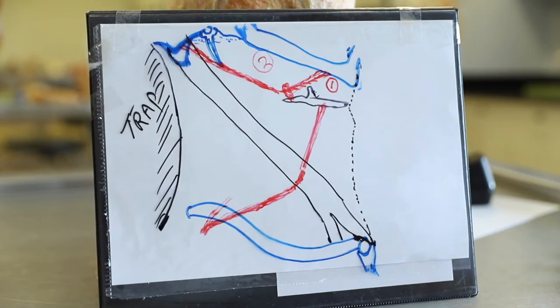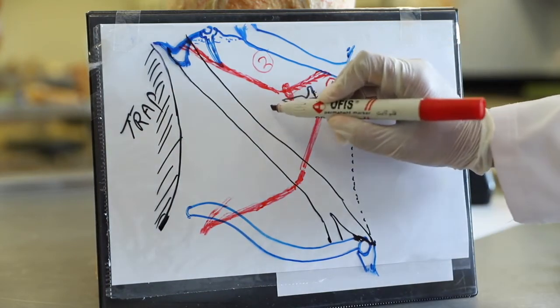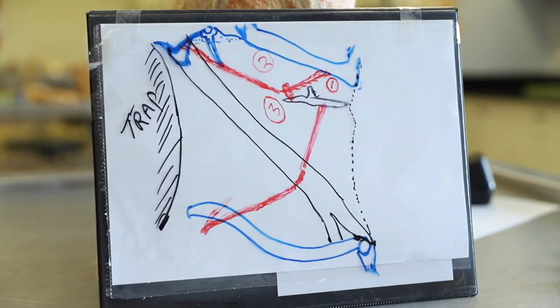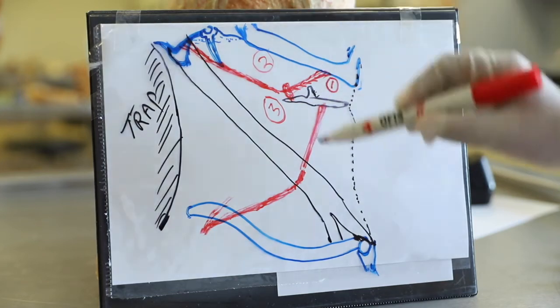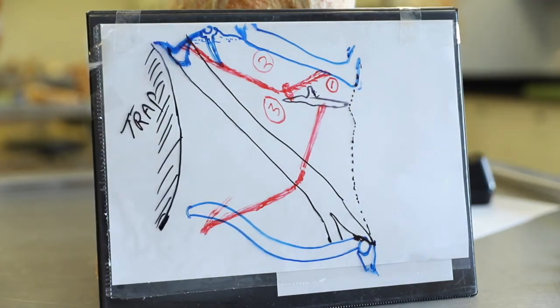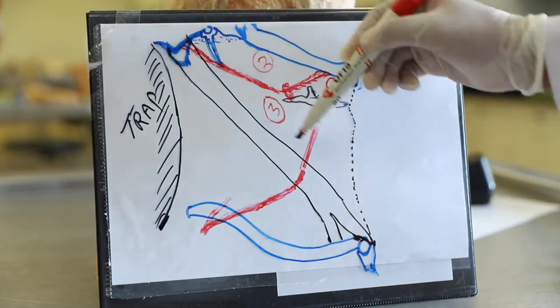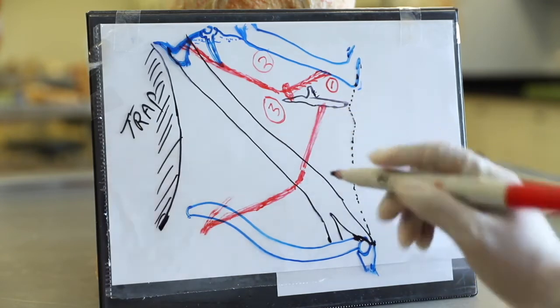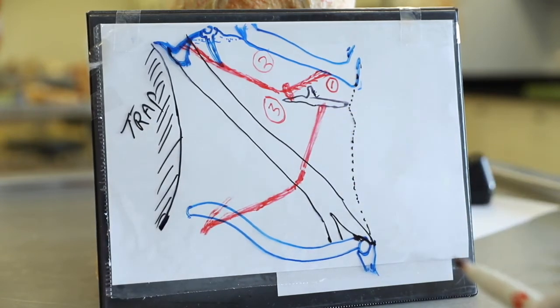Then number 3, we have the carotid triangle. This is the carotid triangle, bounded by the posterior belly of the digastric, the superior belly of omohyoid, and the anterior border of sternocleidomastoid.